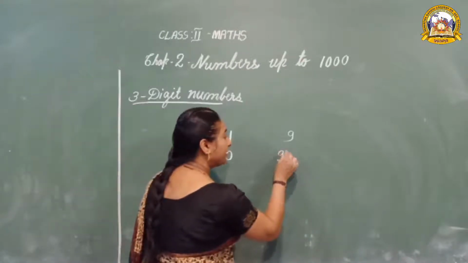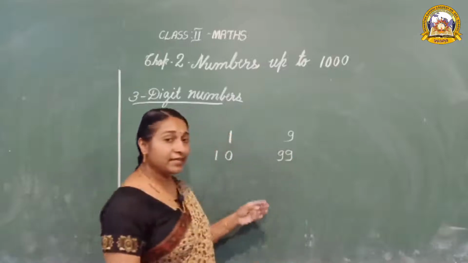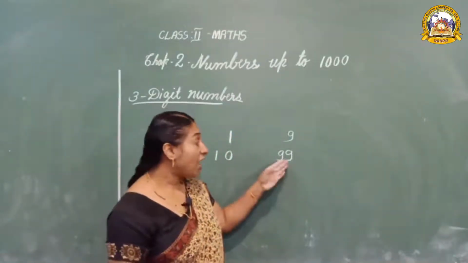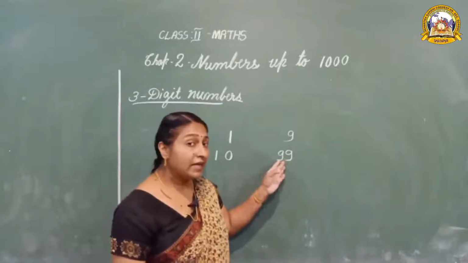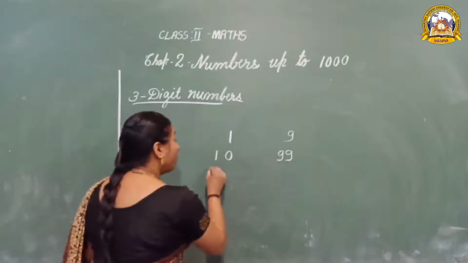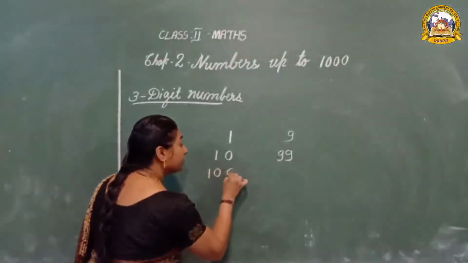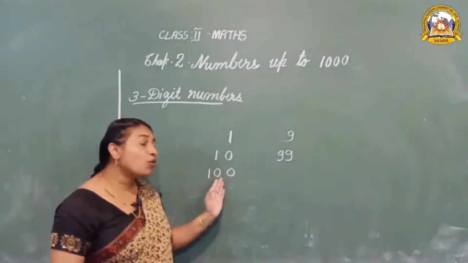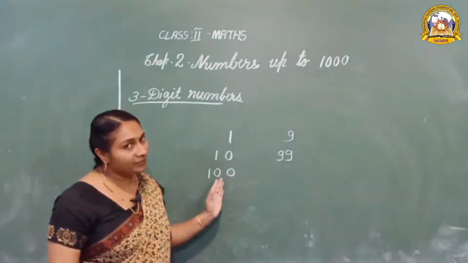Yes, 99. After 99, 99 plus 1, yes, 100. How many digits are there? Yes, 3 digits. So it is the smallest 3-digit number.